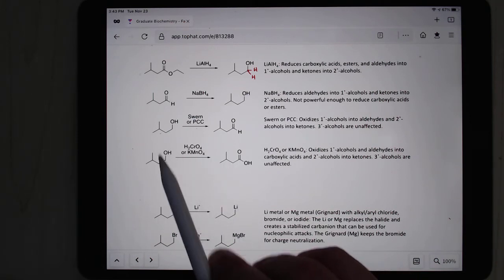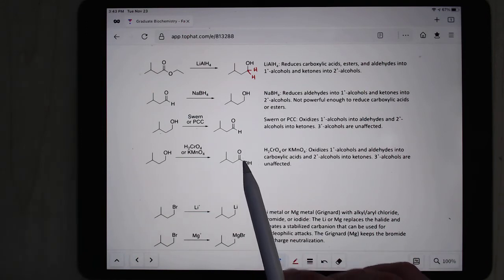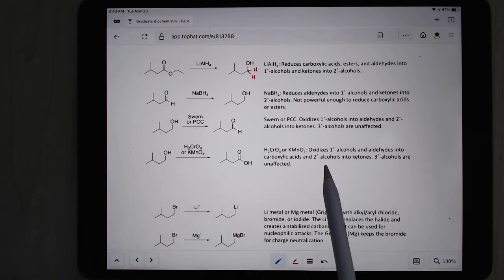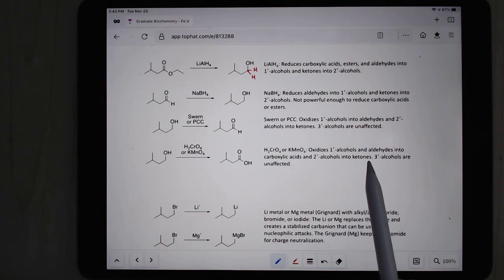Okay, so if it's a primary alcohol, you're going to end up with a carboxylic acid. If it's a secondary, it's going to be a ketone. Now for both of these, right, if it's a tertiary alcohol, there are no CH bonds on that carbon where the alcohol is hanging off of, so those are resistant to it, because there's no CH fuel to be able to oxidize. Okay.